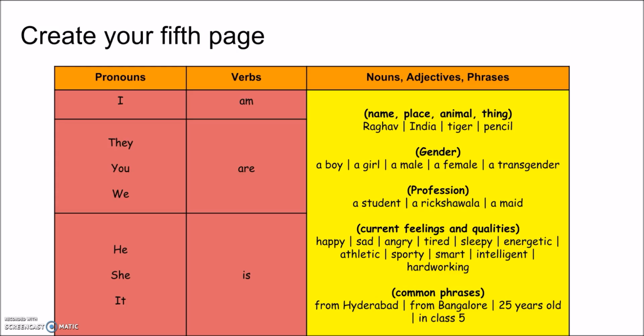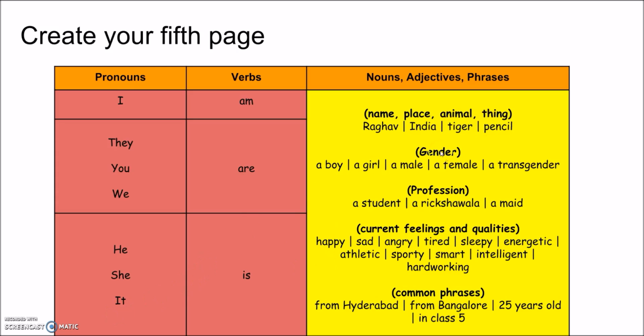So we start with the first column, and the first column is really your subject. And the rest of those two columns are there to help the subject describe himself. For I, I gave you an example. For he, I gave you an example. Similarly, if the student wants to describe the objects around him, he could use it. Let's say there's a pencil around him. He could say, it is a pencil. And maybe there's another object around him, like a tree.